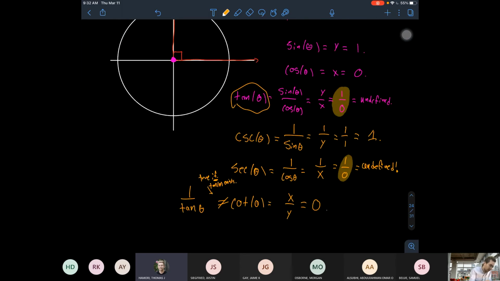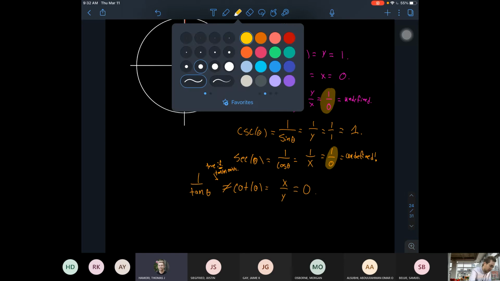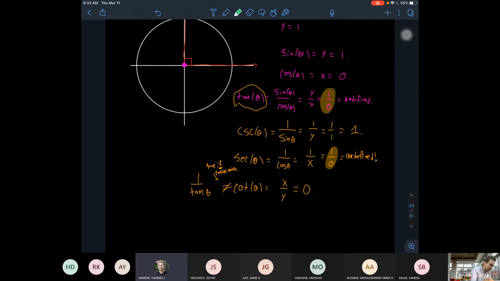So you'll notice, okay, there is a relationship between these functions here, okay? Cosine theta was 0, and that caused secant theta to not exist because we would do 1 over cosine theta. Likewise, we have sine of theta is just equal to 1.